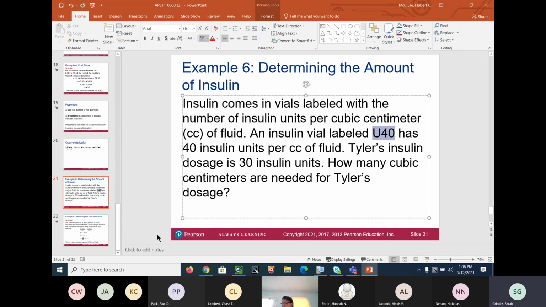So this is what you're going to do. The first thing you're going to do when you see that per is you're going to say 40 insulin units is equal to 1 cc, and then insulin units is equal to 30.